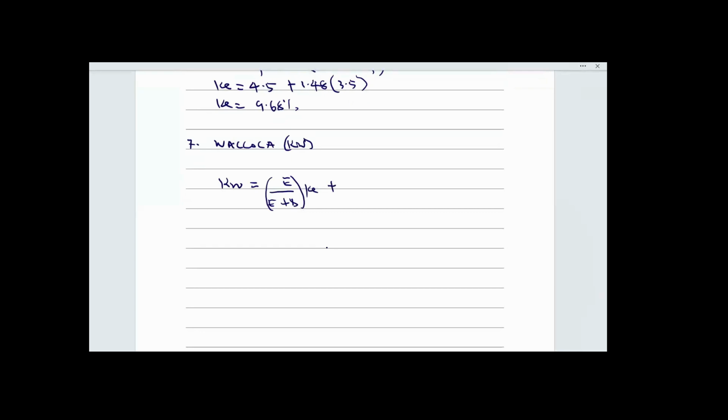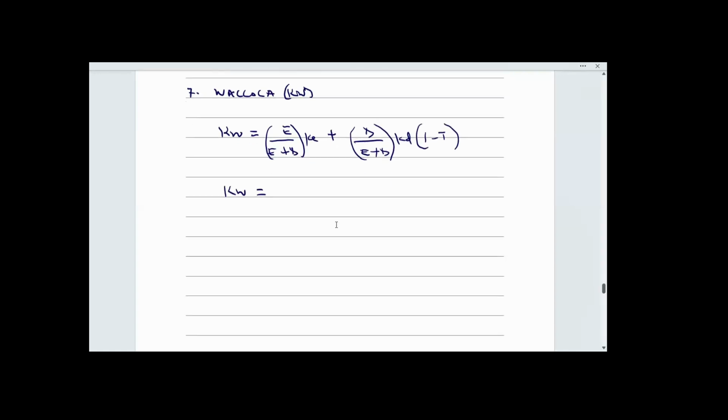plus debt value over equity plus debt multiplied by cost of debt times 1 minus tax. Okay, so equity value is 70% because the examiner has told you that the company has a total debt to total market value ratio of 30%.